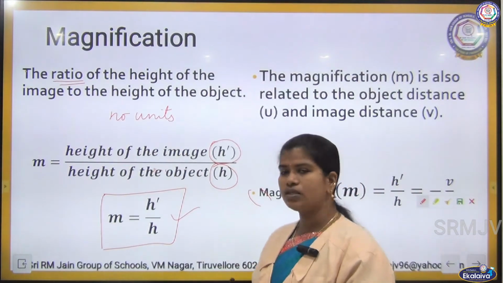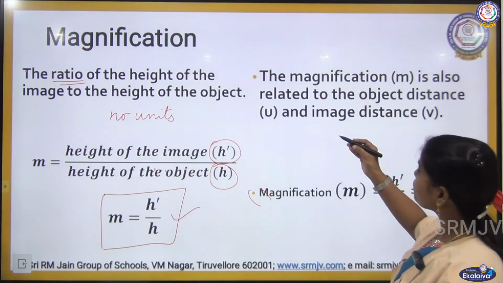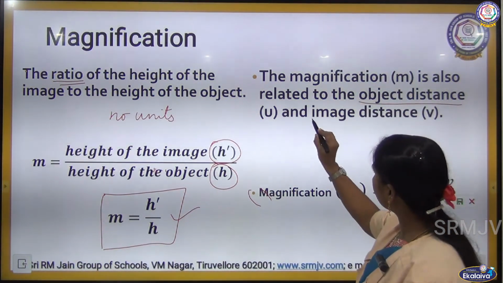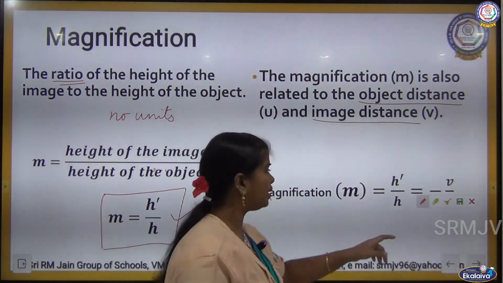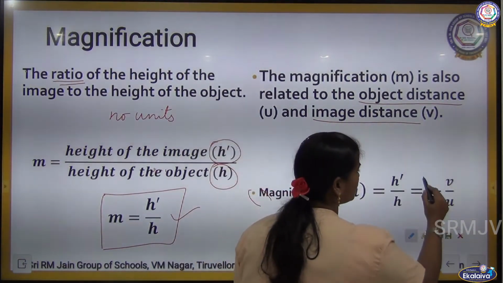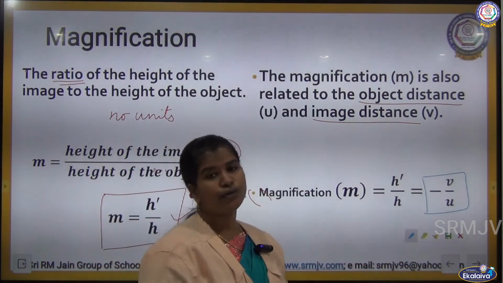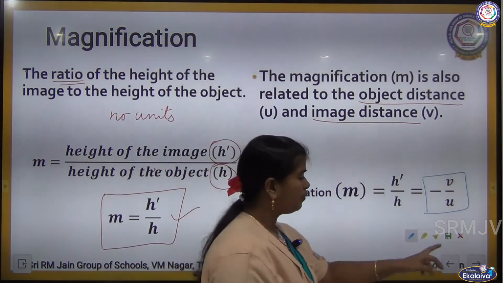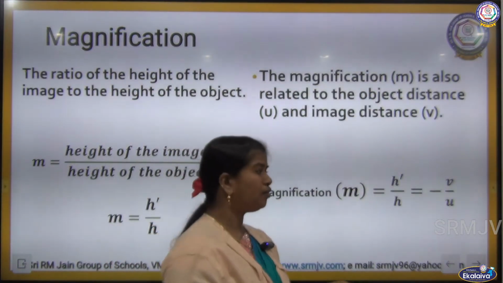Magnification is also related to the object distance and image distance, and it is written as m is equal to minus v by u. Here v stands for the image distance and u stands for the object distance. Using these formulas we are going to work out many numericals.